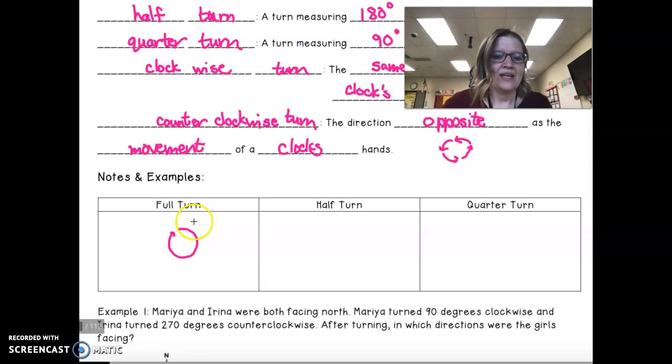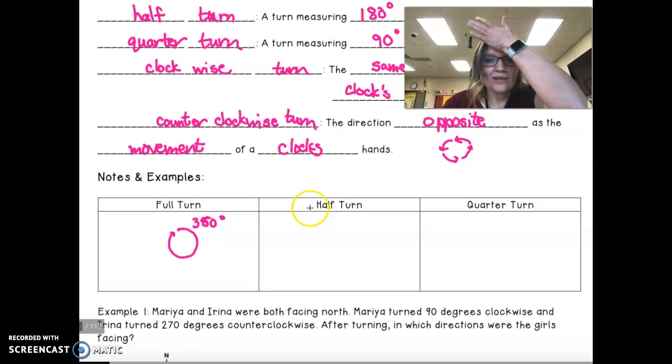And that is 360 degrees. So it goes all the way around till we get back to the starting point. And that is 360 degrees.